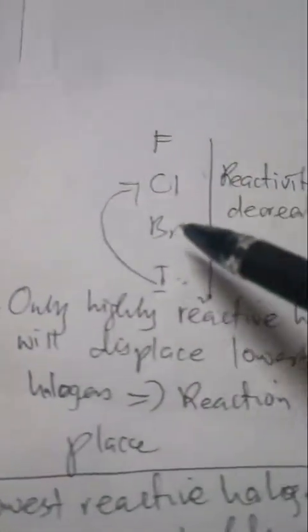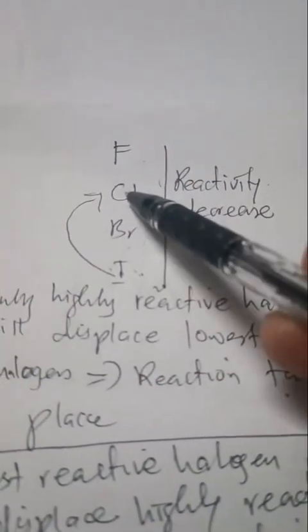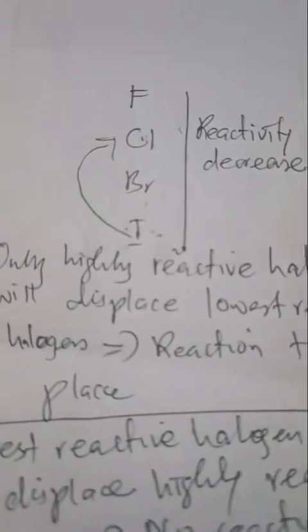So iodine cannot displace chlorine, so the reaction will not take place.